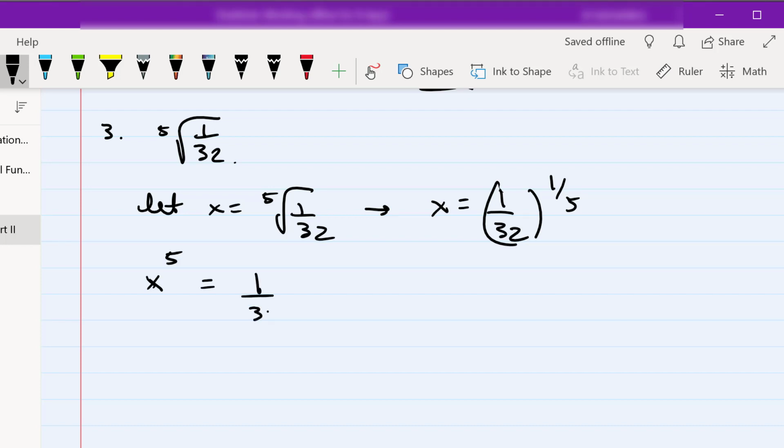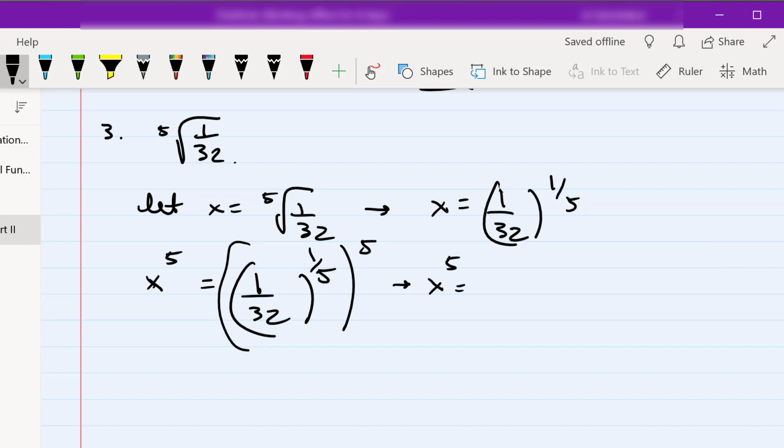Then we would have 1 over 32 to the 1/5, all raised to the fifth power, so x to the fifth equals 1 over 32.